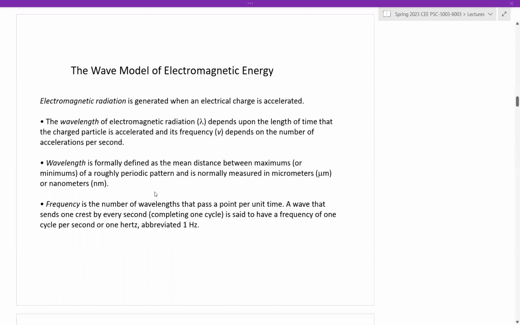Now, frequency, on the other hand, is the number of vibrations or wavelengths that occur in a period of time, in a second, for example. So this will be expressed by a unit called hertz.